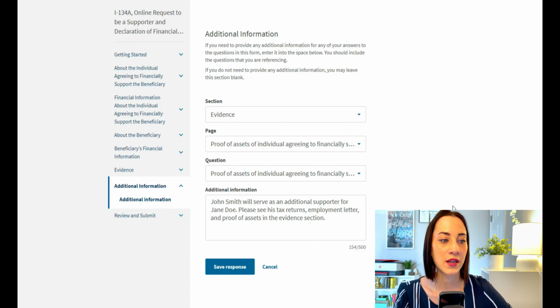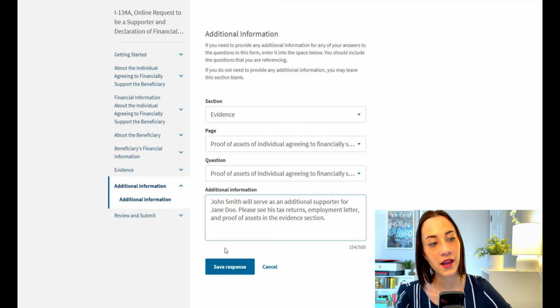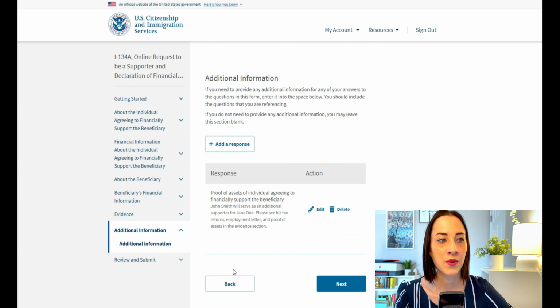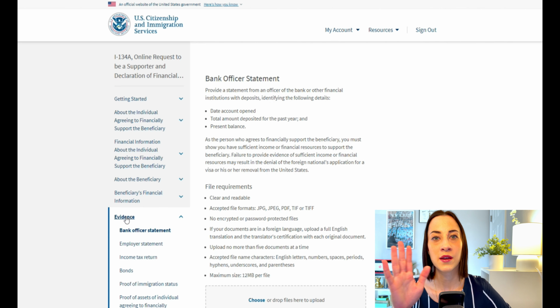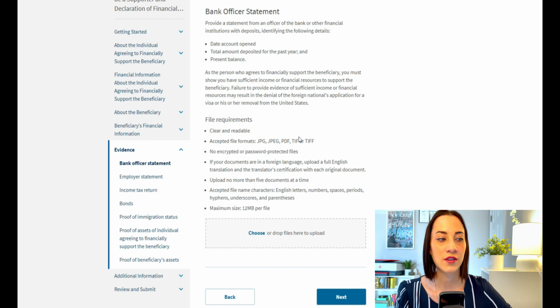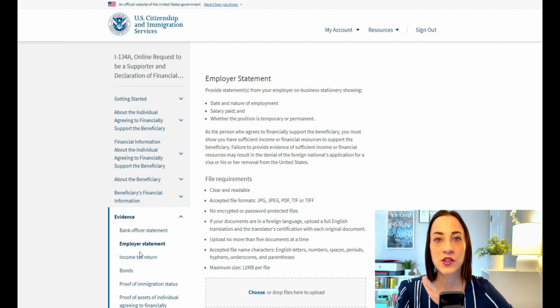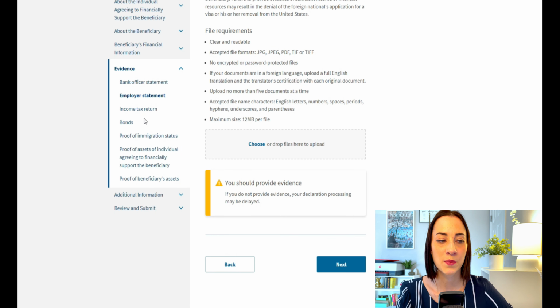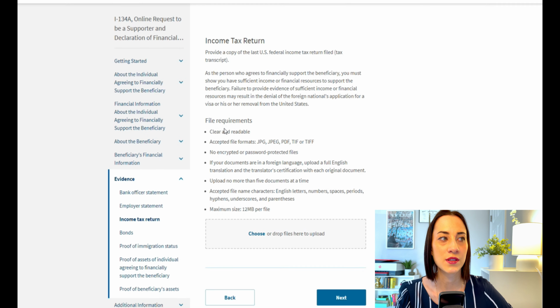And obviously when it comes to uploading all the necessary evidence, aside from just the primary sponsor's financial information, wherever applicable, whether it is tax returns, an employer statement, or proof of assets, you will probably have to upload the information from both the primary supporter and also anybody else who is agreeing to support.